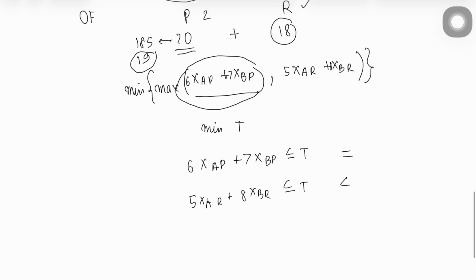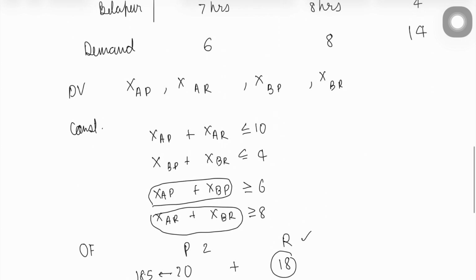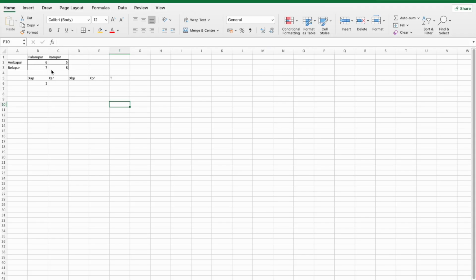So now using this, actually we will have one more decision variable, that would be t as well. So let me show in Excel how we are going to solve this. Here is the time that has been given to us, and now we are taking the decision variables. Randomly I can take any value, so I have just taken one.